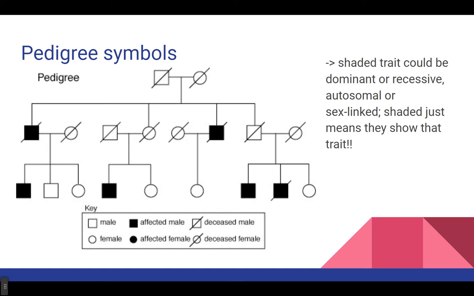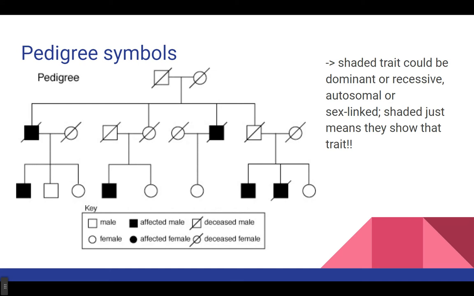Couple important things to remember. Just because a trait is shaded, it actually doesn't tell you anything other than that person showed that trait. Unless there's information written around the pedigree that tells you this is a dominant disease or this is a recessive condition or whatever, a lot of times when people start building pedigrees, they don't know how a trait is inherited. They just know whether someone has a disease or not.